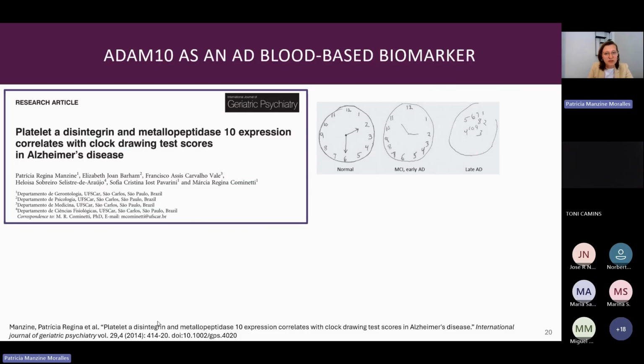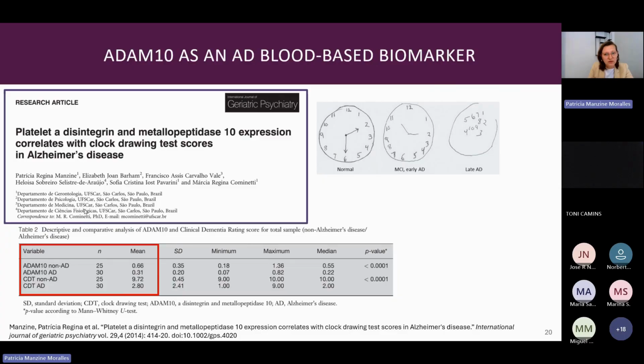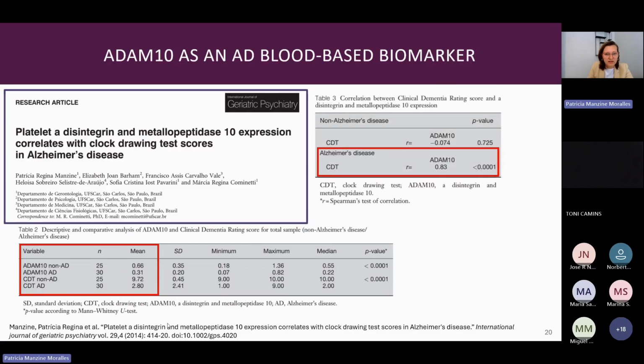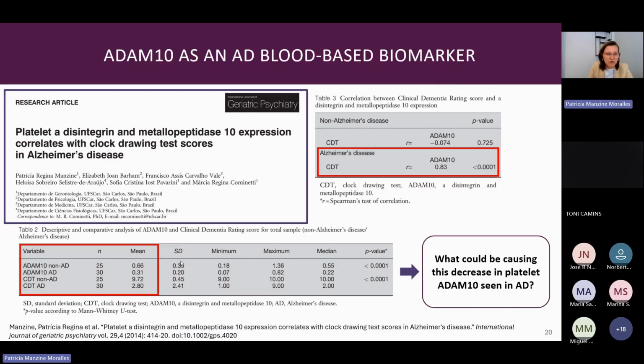Once again, the worse scores in the clock drawing test correlated with lower levels of ADAM10, with a correlation of 0.83 and also a significant effect. And the question that followed those results was: what could be causing this decrease observed in platelets of Alzheimer's disease patients?